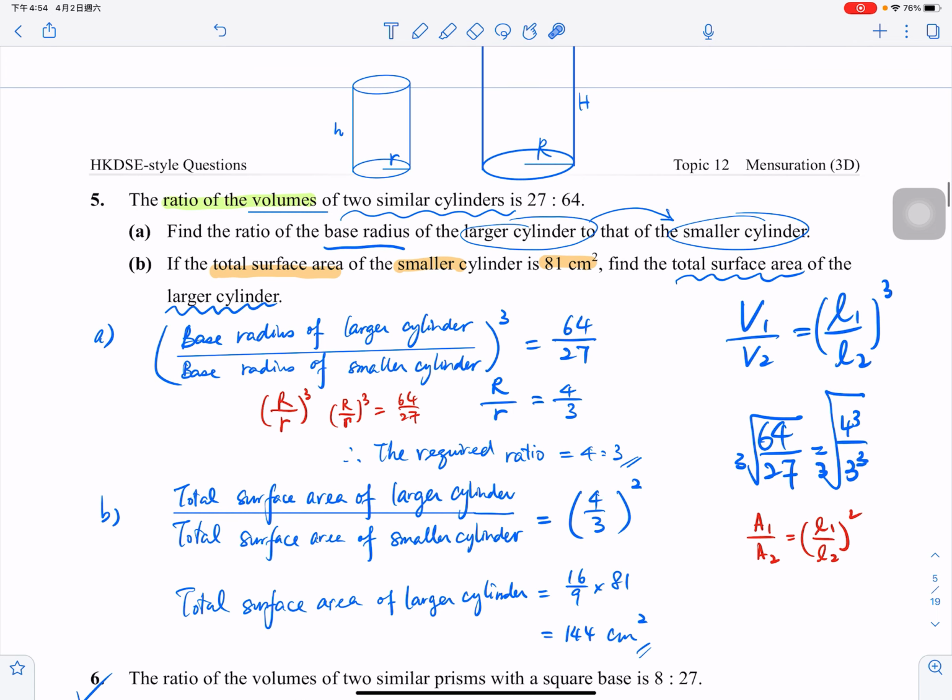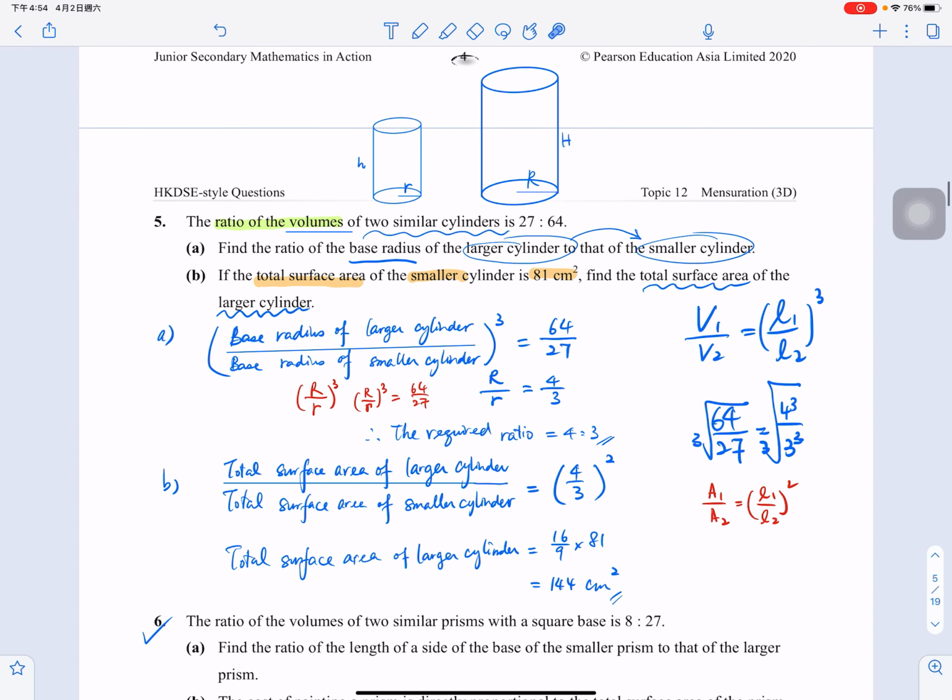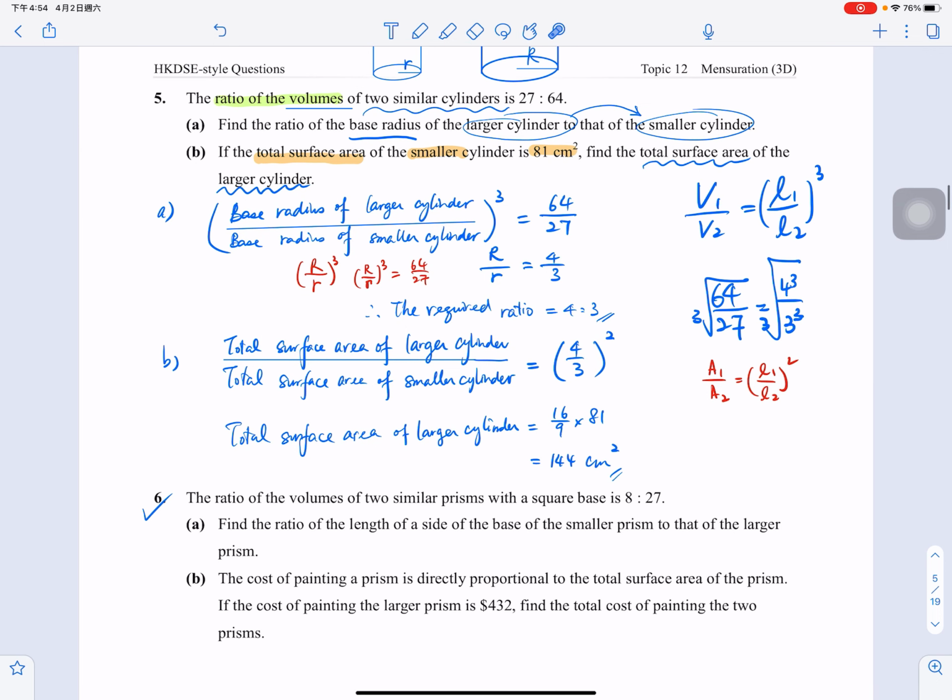Understand? Okay. So this question makes use of the ratio of the volume to find the ratio of the radius. At the same time, we can find the total surface area. So maybe question 6, you can have a look and do it by yourself and check it later.